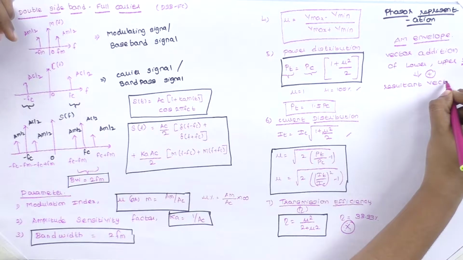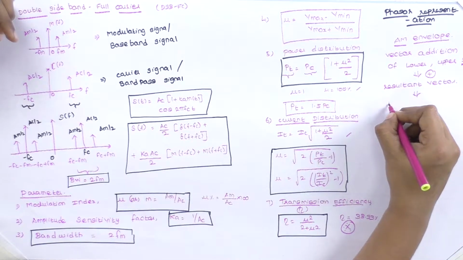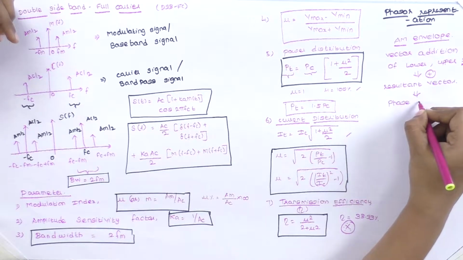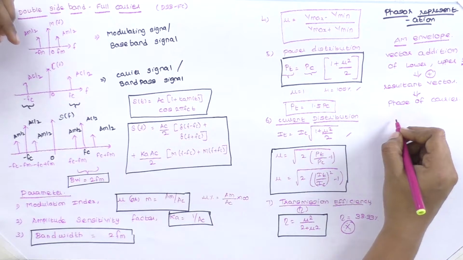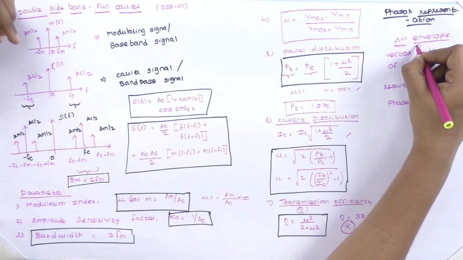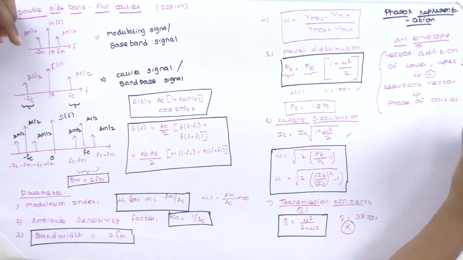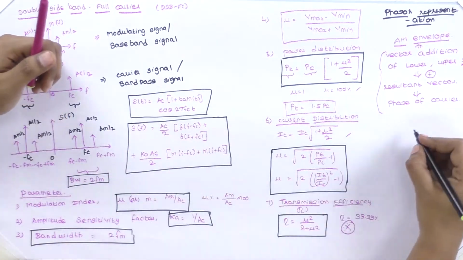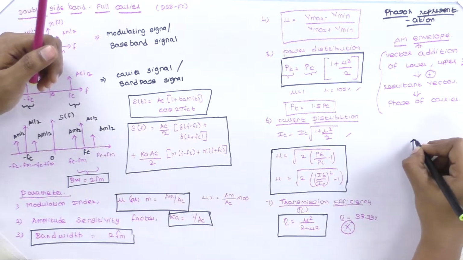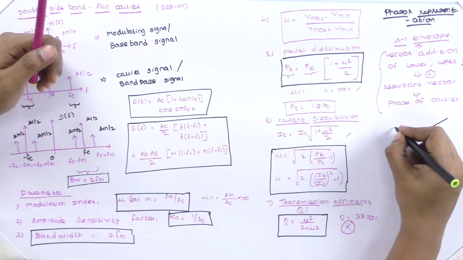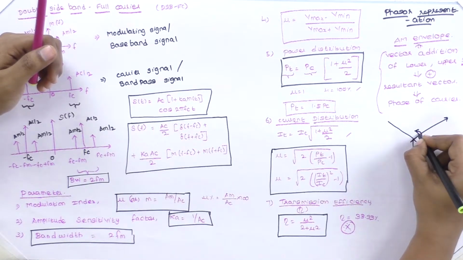We can name it as the resultant vector. This resultant vector will combine with the phase of the carrier. These all three together will produce the AM envelope. So, our vector addition is VC, and this is our lower sideband, and this is our upper sideband. The upper sideband will rotate in the counterclockwise direction.